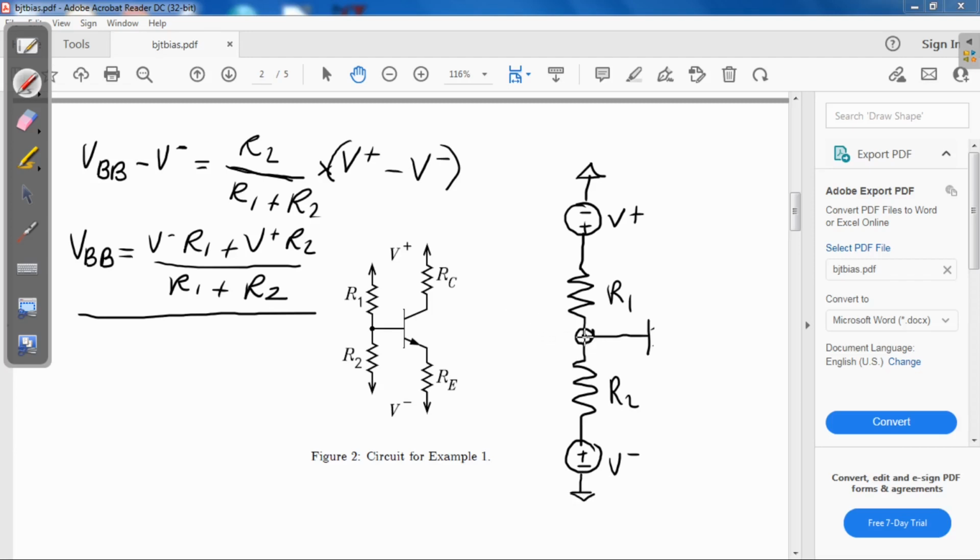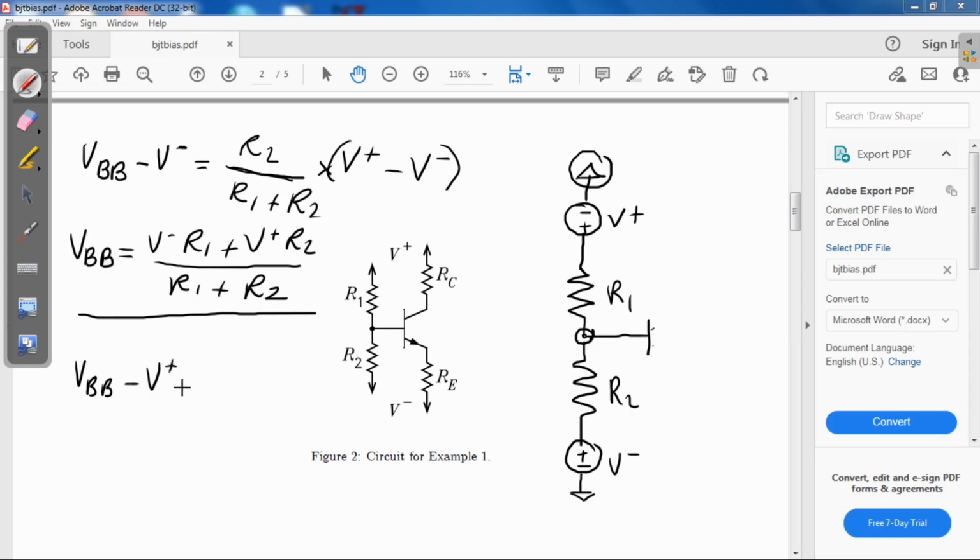So instead of taking those two nodes, you could have taken this node and that node for your Thevenin equivalent circuit. So exactly the same as that one, except that now it's VBB. It's the same idea.